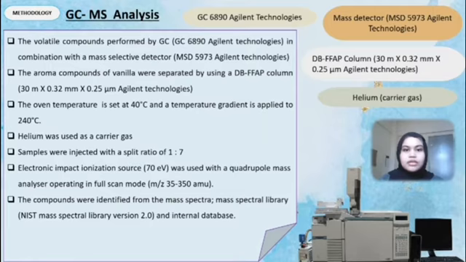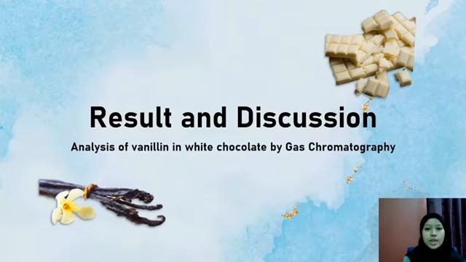An electronic impact ionization source was used with quadrupole mass analyzer operating in full scan mode. The aroma compounds were identified from the mass spectra using a mass spectral library, NIST Mass Spectral Library version 2.0, and an internal database. And today I will present to you the result and discussion for analysis of vanillin in white chocolate by gas chromatography.